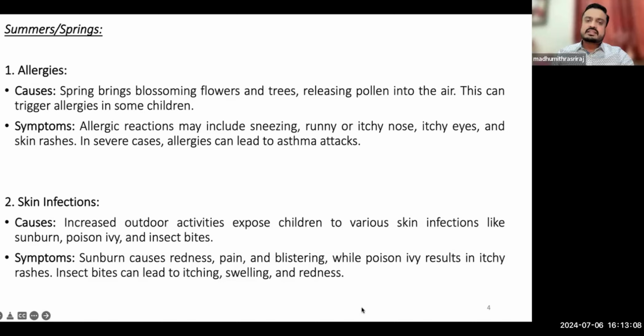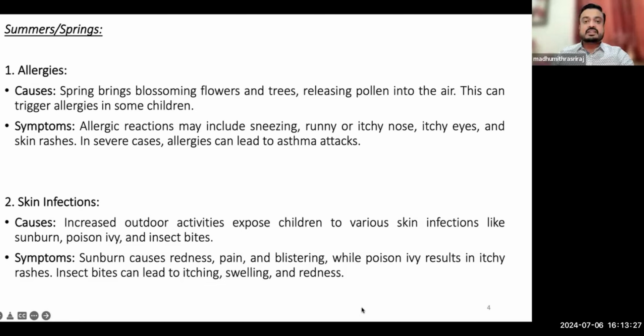They can present with symptoms like runny nose, itchy nose, fevers. That's why it's called hay fever. I mean, hay is a term for dried grass. So the condition was identified as such.